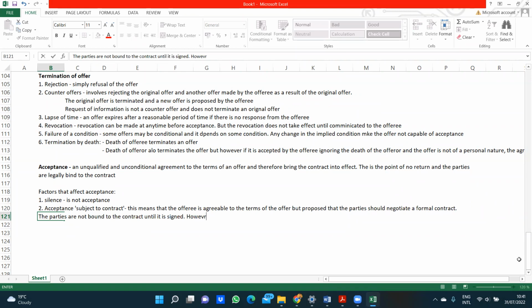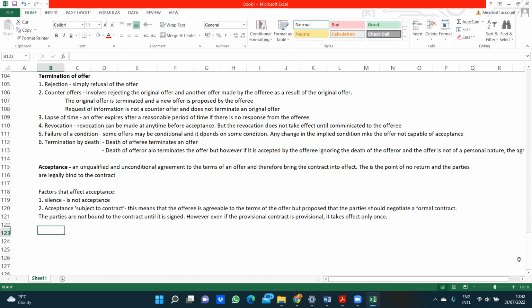However, the original contract is provisional, that is, the final contract is what has been signed. It takes effect only once it is signed, and they are bound to it when it is signed.